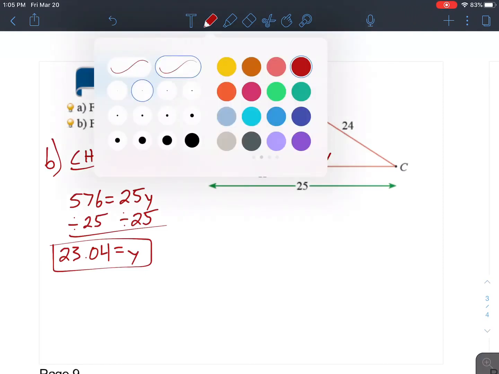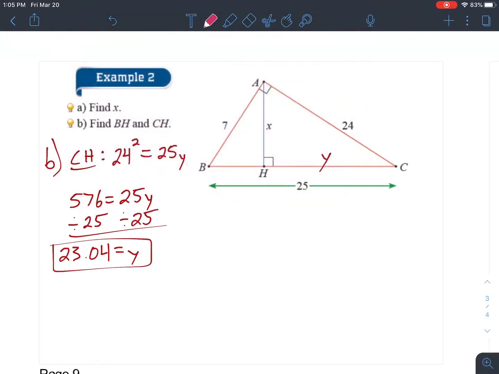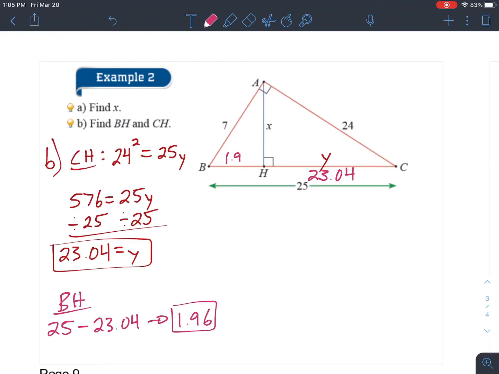So I will go ahead and I will write that in. And because we know that that is 23.04, then we can find what BH is. And that's going to be 25 minus 23.04. And that's going to be 1.96.